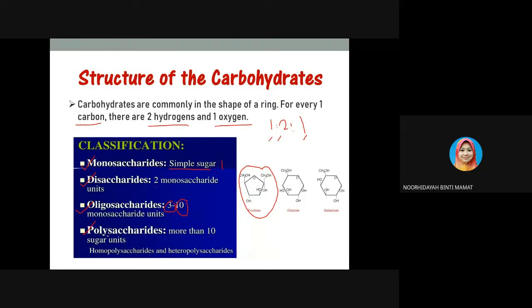The last one is the polysaccharides, which have more than 10 sugar units.